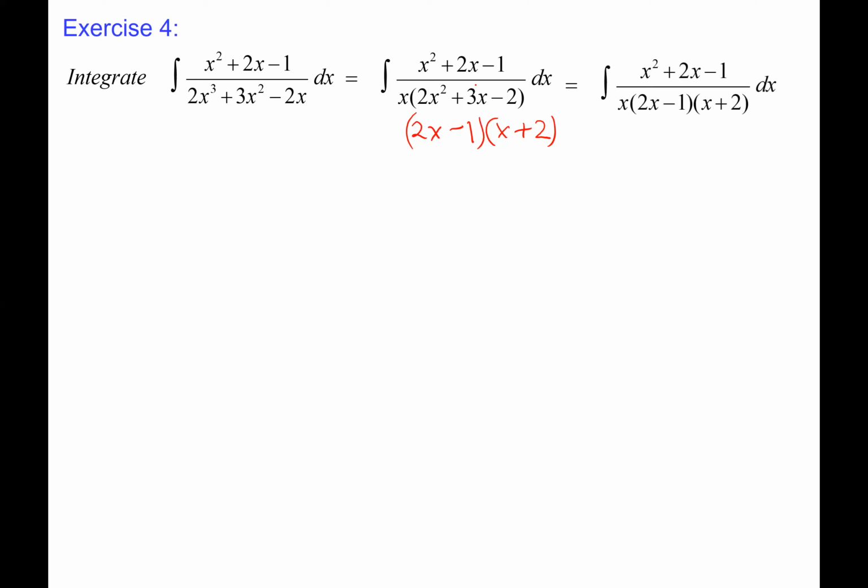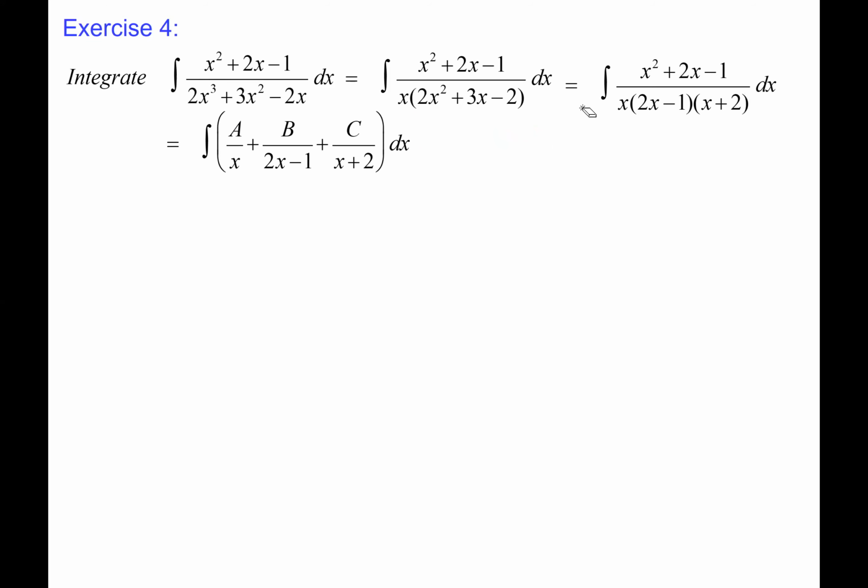Okay, that gives us the linear factors. We had a third degree polynomial in the denominator, and we do have three different factors, so I will have three different partial fractions. You can do exactly the same.